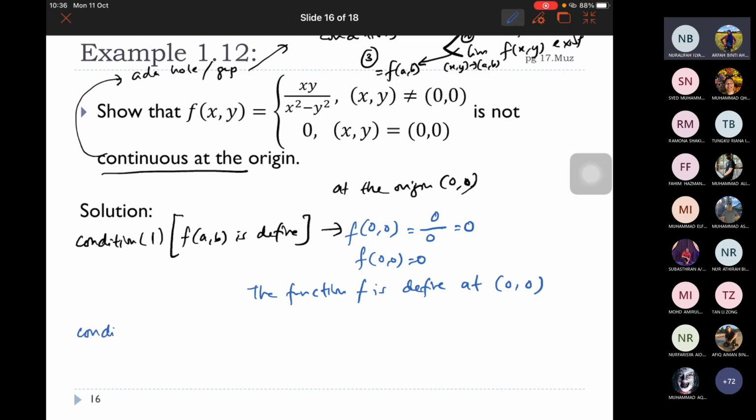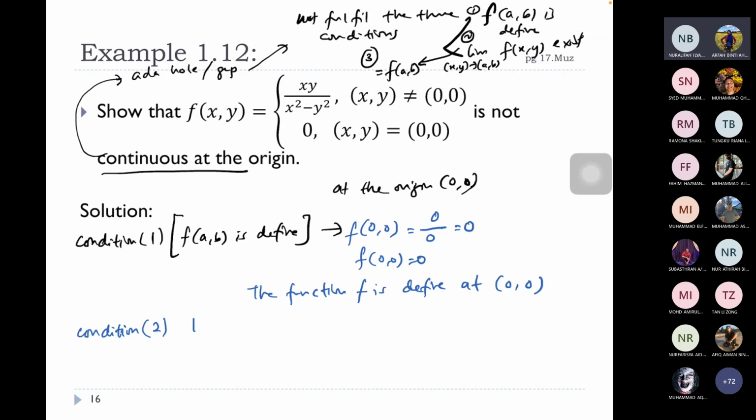Dan condition 2 yang kita nak check, limit of x, y approaches a, b, f, x, y exists. Must be exist. So adakah dia fulfill condition kedua?